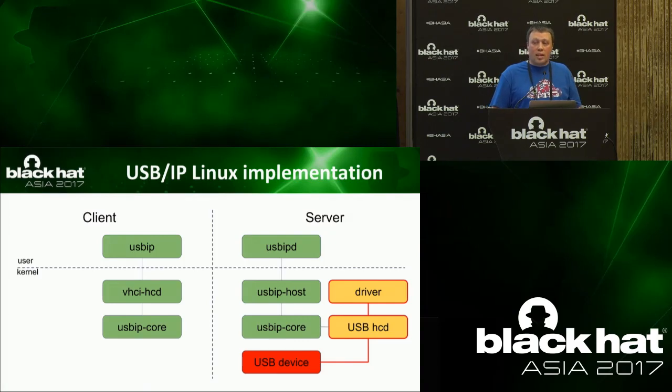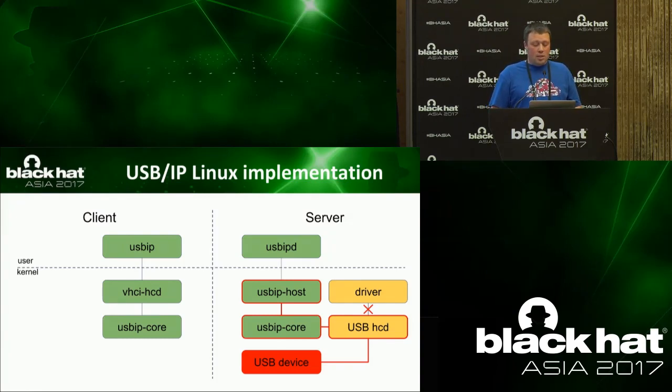You command it to export the device, and what happens is that the USB subsystem just detaches the real device driver and then begins to forward all the data to the USBIP host driver. It means that the USBIP host driver becomes the device driver on the server for this particular USB device. And at this point, the device is considered exportable.